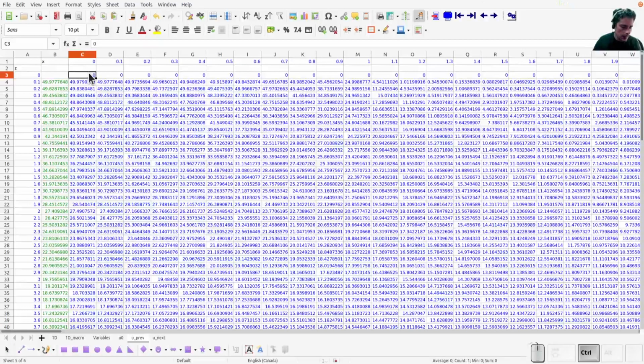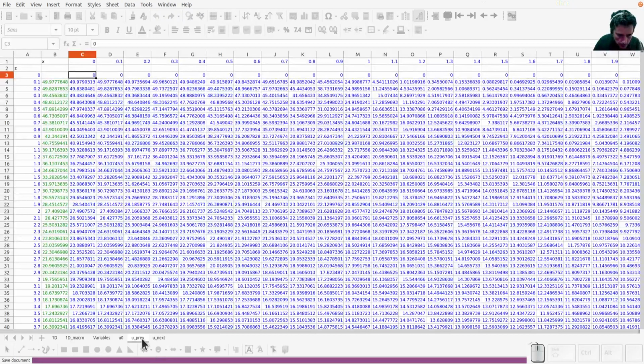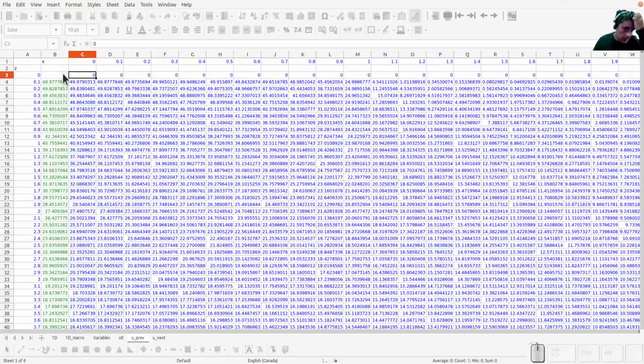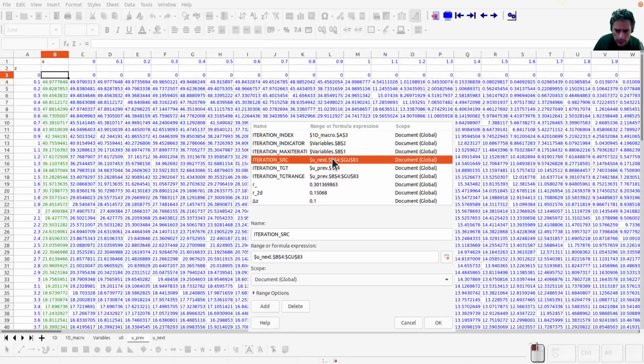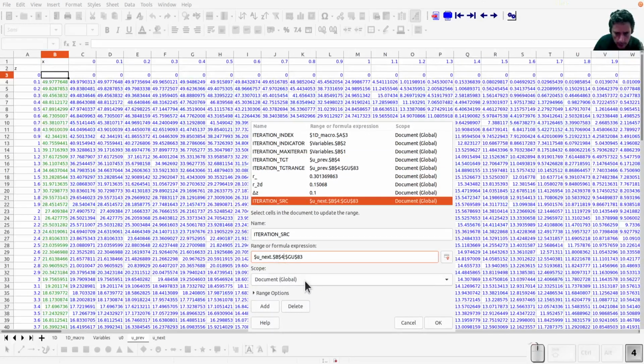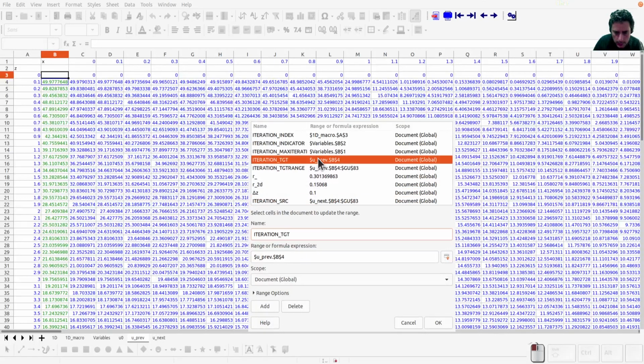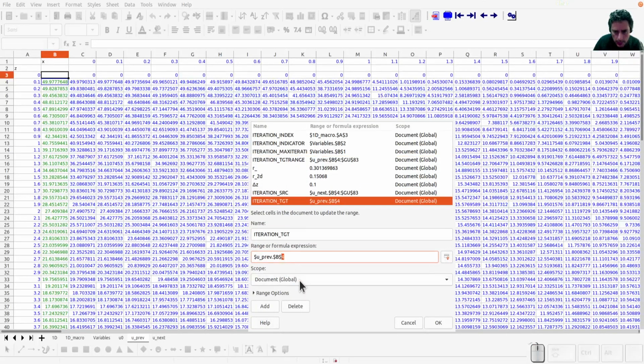Okay, so that one is the proper U previous, and now we need to redefine the range because it should have started including the top row, right? So the name range iteration source should have been starting at B3, not B4. Okay, and iteration target, same thing, B3.